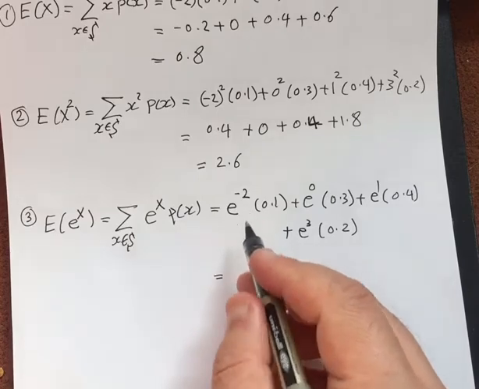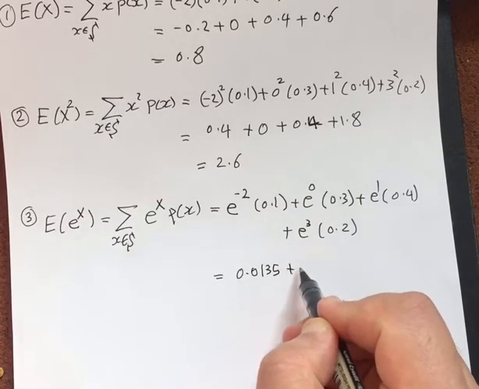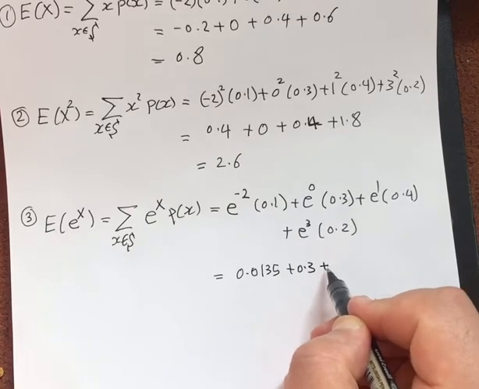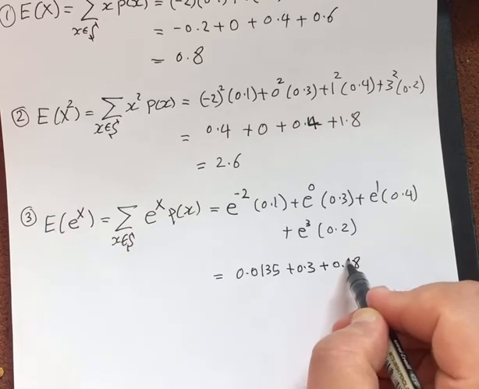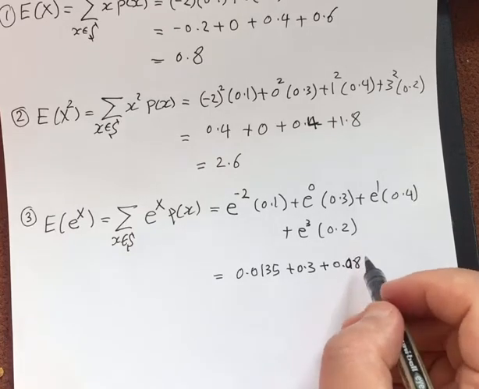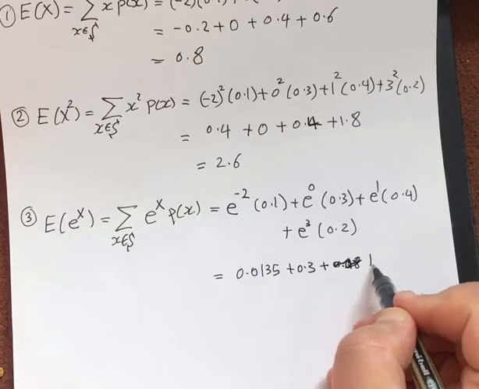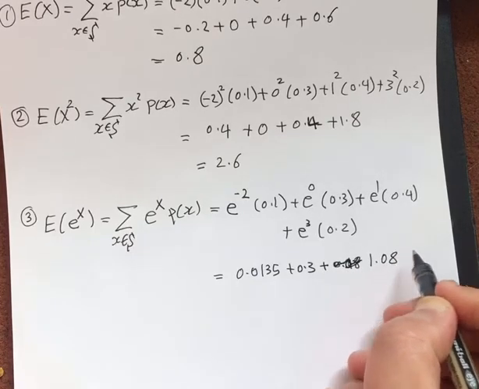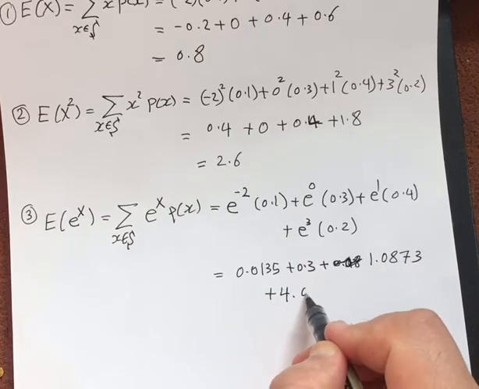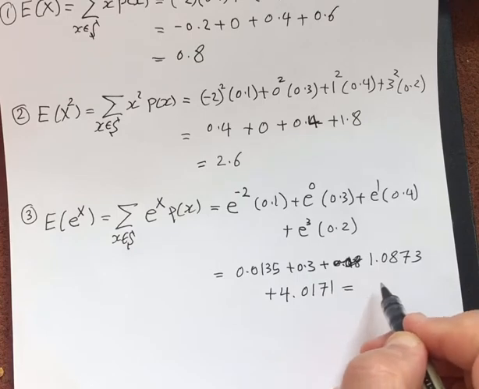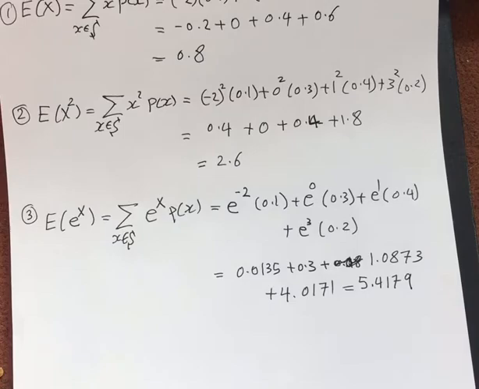The first one is 0.0135, plus 0.3, plus 1.0873, plus 4.0171 for the last one. So the answer will be 5.4179.